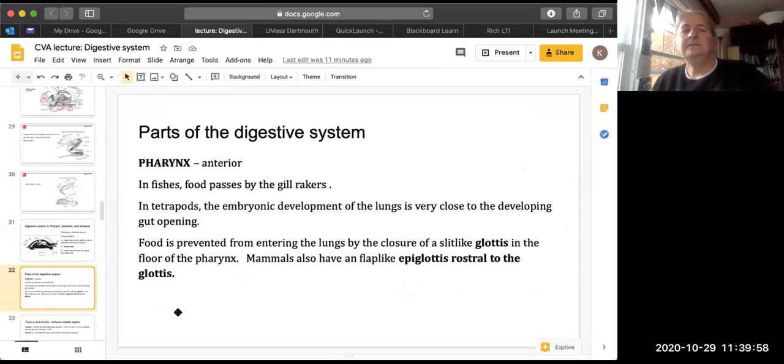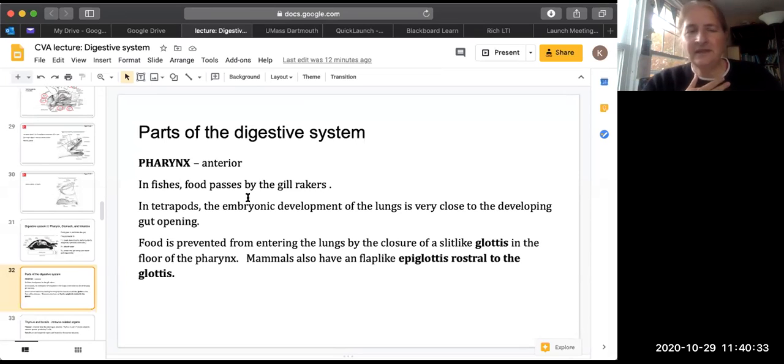Starting in the anterior, there's the pharynx. In fishes, the food passes by the gill rakers, and in tetrapods, the embryonic development of the lungs is very close to the gut. We talked about that just last time. The lungs essentially develop as a derivative of a swim bladder, right?